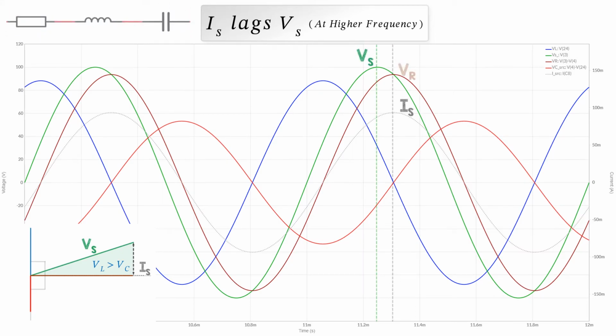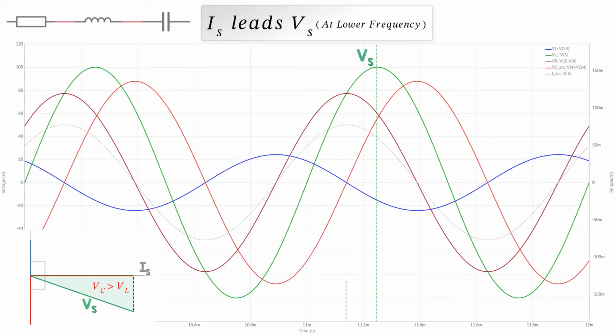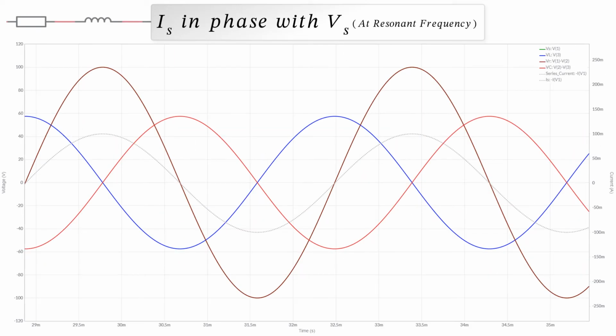At high frequency, the current lags the supply voltage. At lower frequency, the supply current leads the supply voltage. And at the resonant frequency, the supply current and the supply voltage are in phase. We can't even see the supply voltage on this graph because it's completely underneath the resistor voltage. And the voltages of the capacitor and inductor are equal at the resonant frequency, and we have our maximum current.